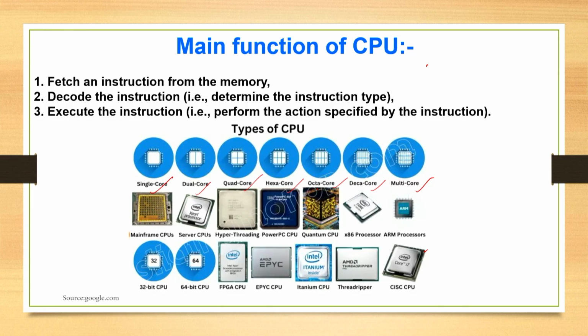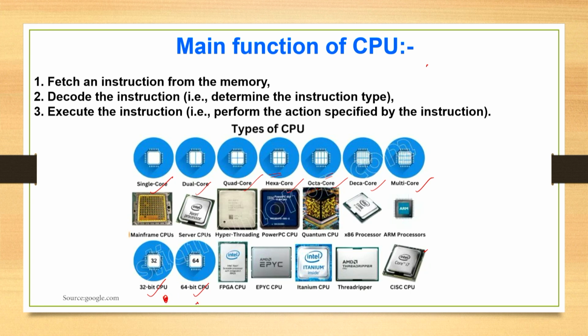So single core means a single processor, dual core means two processors, quad core means 4 cores, hexa-core means 6 cores, and octa-core means 8 cores, and so on. Further, this can also be classified as 32-bit CPU or 64-bit CPU. So this was about the types of CPU depending upon the cores or the bits that have been used, 32-bit or 64-bit.